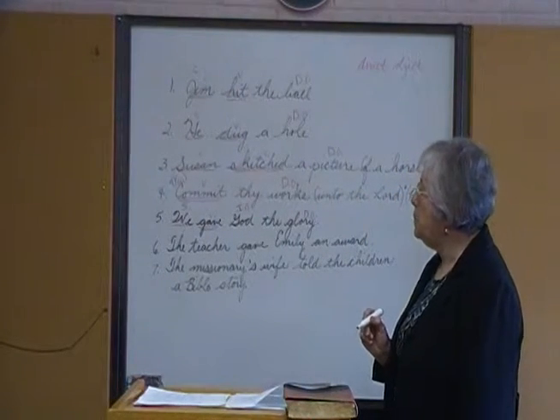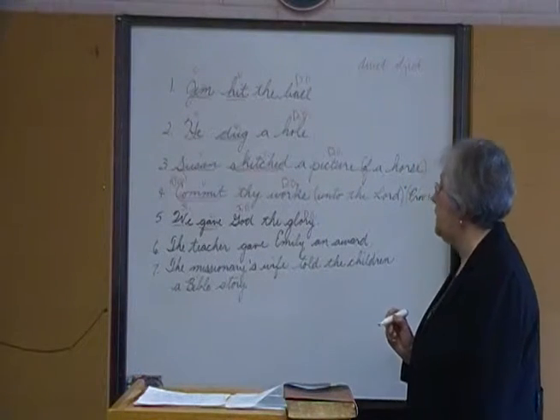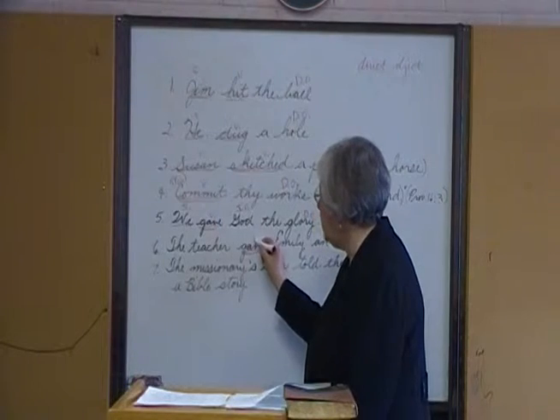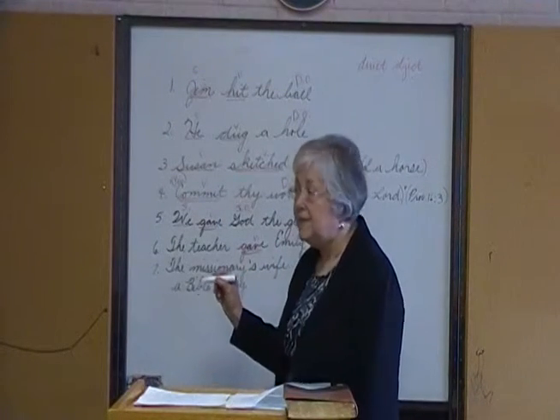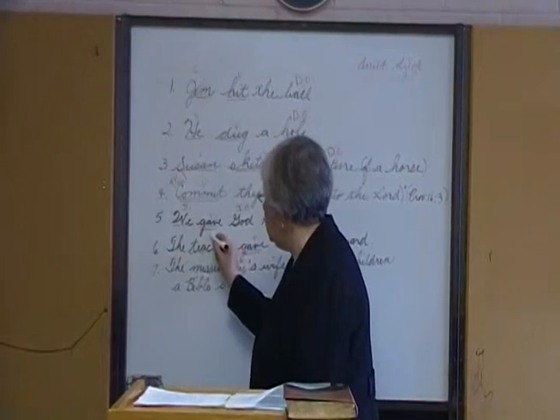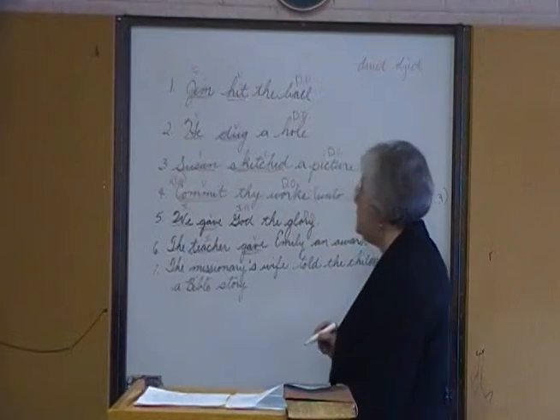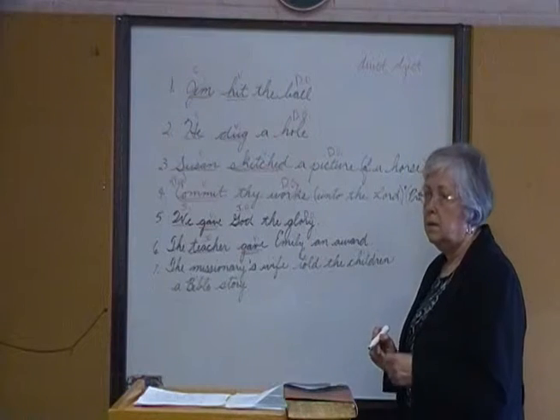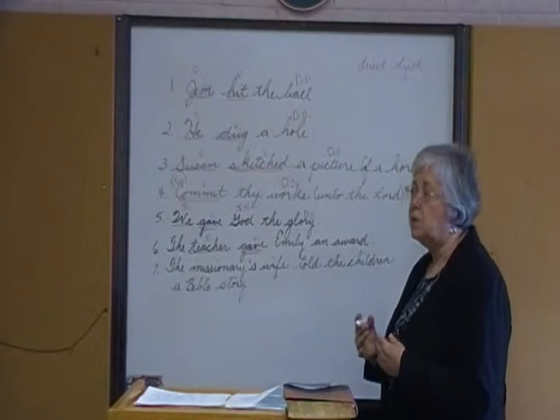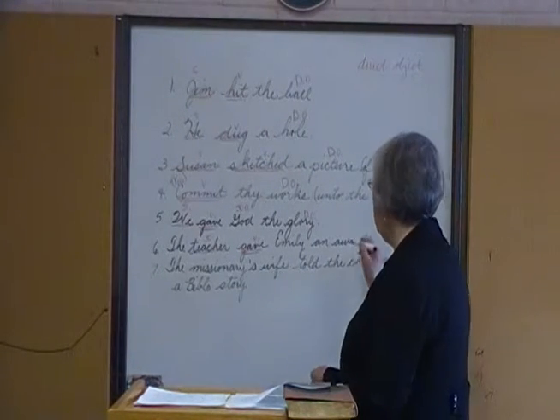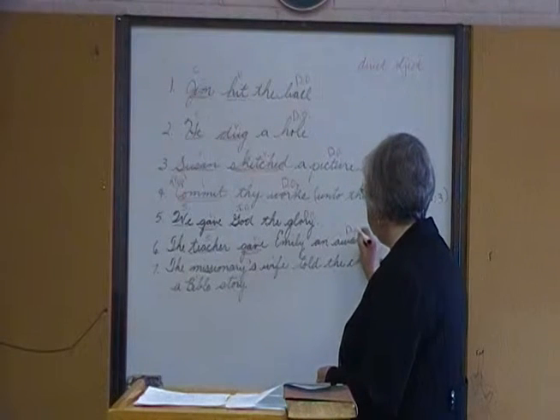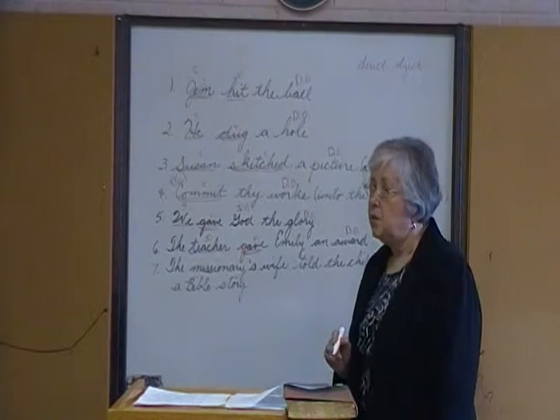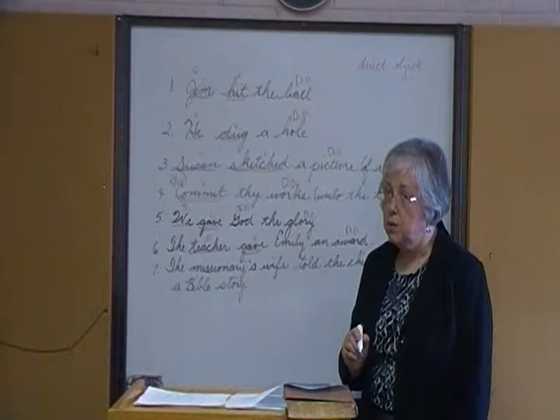All right, number 6, the teacher gave Emily an award. Again, gave is the verb, the action. Who gave? Teacher. Subject. Teacher gave what? Let's find the direct object first. Teacher gave what? Award. Award is the direct object. Teacher gave to whom or for whom?